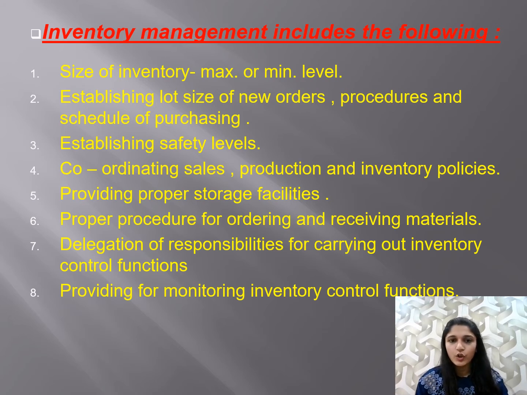Fourth, coordinating sales, production and inventory policies. Fifth, providing proper storage facilities. Sixth, proper procedure for ordering and receiving materials. Seventh, delegation of responsibilities for carrying out inventory control functions. And the last, providing for monitoring inventory control functions.